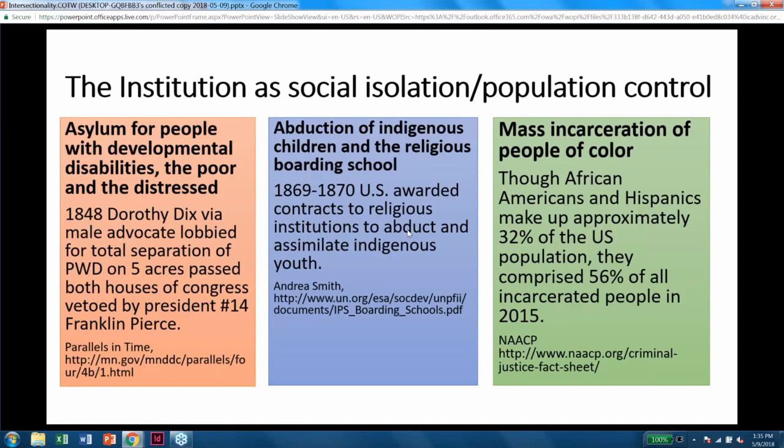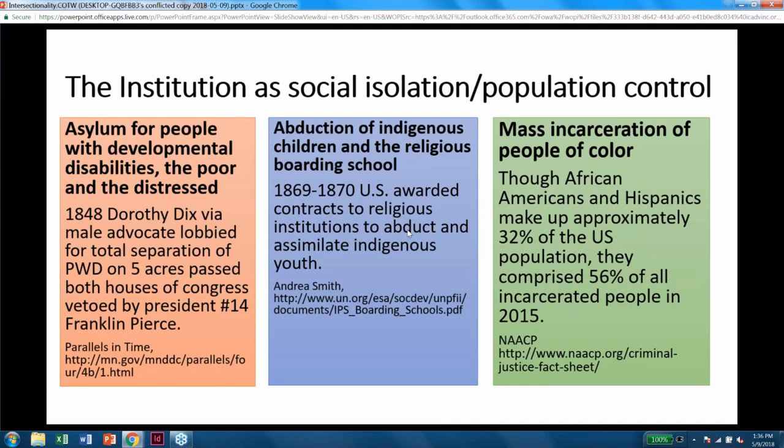And, you know, early on in American history, we had people literally trying to segregate people into places like reservations. You can see in this slide that the president vetoed this idea early on, but it just changed and became the state hospital. A little bit after that bill failed to go forward because it was vetoed by Pierce, we have the mass abductions of indigenous children who were put into religious boarding schools.